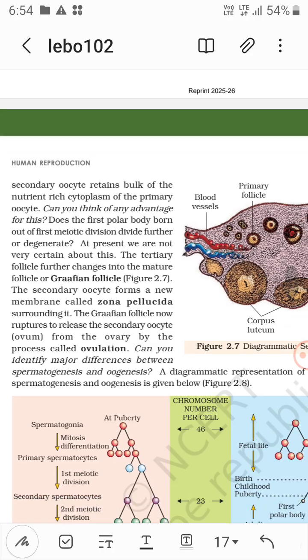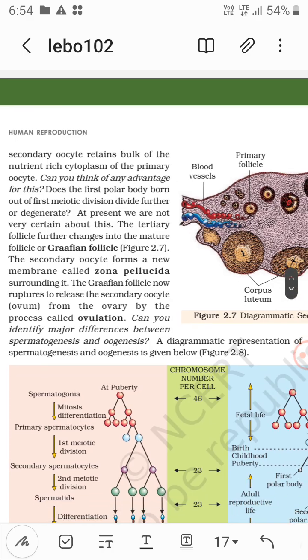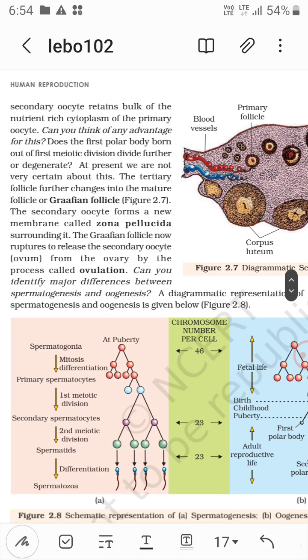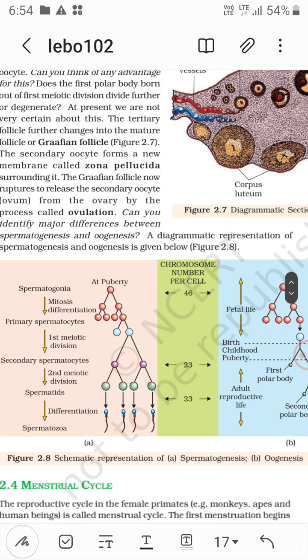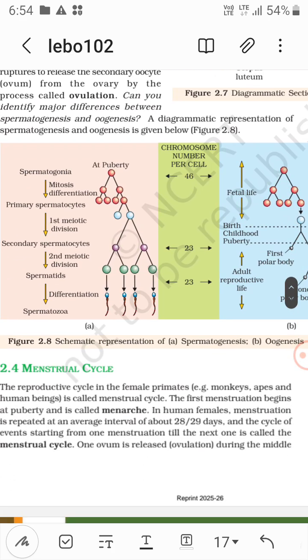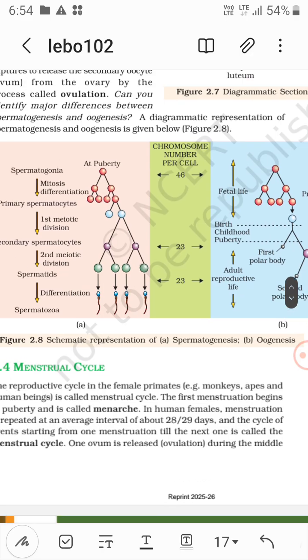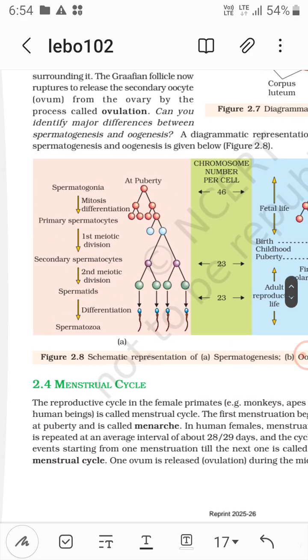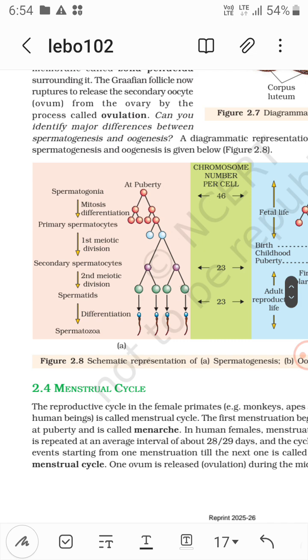Can you identify major differences between spermatogenesis and oogenesis? A diagrammatic representation of spermatogenesis and oogenesis is given below. The first one is spermatogenesis and the second one is oogenesis.